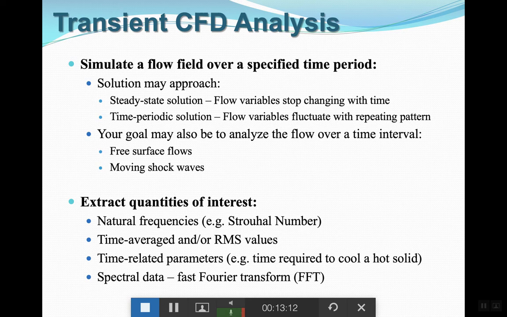In terms of the results that we are extracting from our transient simulation, whatever result we have discussed so far, in terms of contours, vectors, averages, mass fluxes, heat fluxes, we would need here as well, but there are some time dependent specific results that only have meaning when you are doing transient flow. Those are natural frequencies, RMS values, time average values, and so forth.